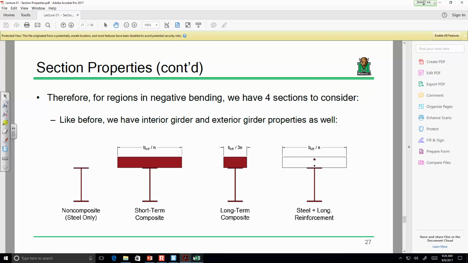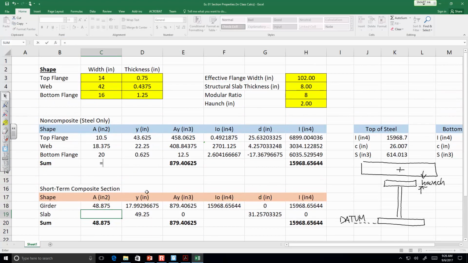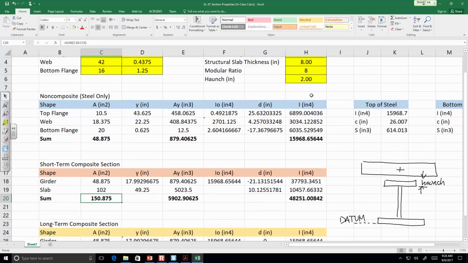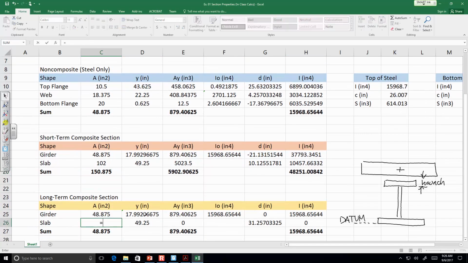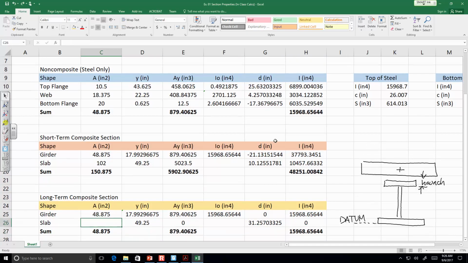So, for the areas, all I have to do is take the thickness times the effective flange width divided by N, and in this case, take the thickness times the effective flange width divided by 3N. Oh, yeah, no, that's right. I thought I had that in the wrong section.